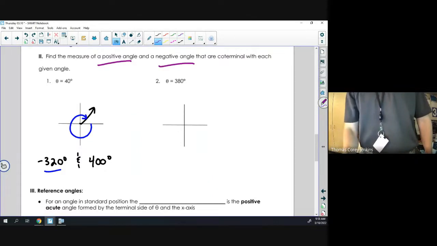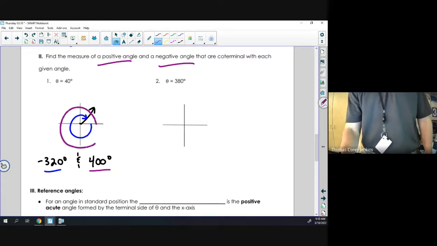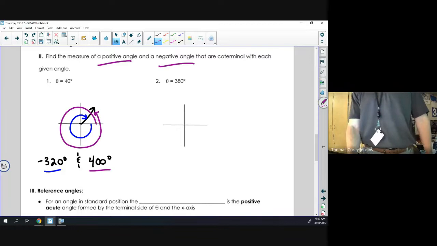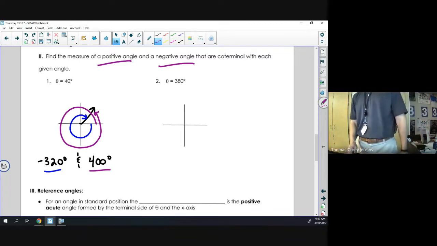And then your positive 400 would be over 360 going in the other direction, right? So that would be more like that. Again, I'm not going to keep diagramming these, but I think you probably get the picture there, how they have the same terminal side.